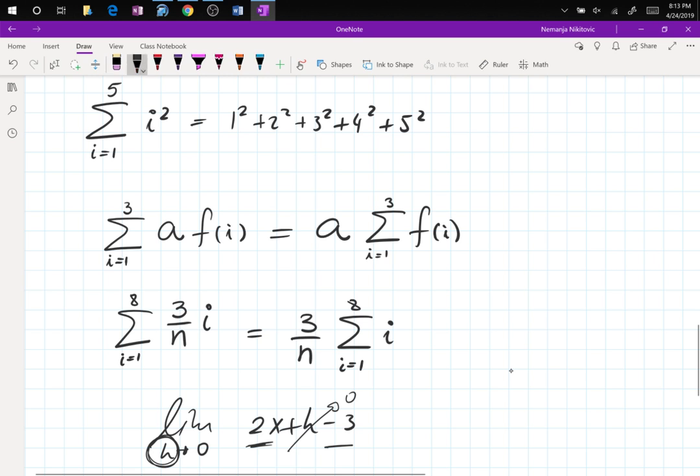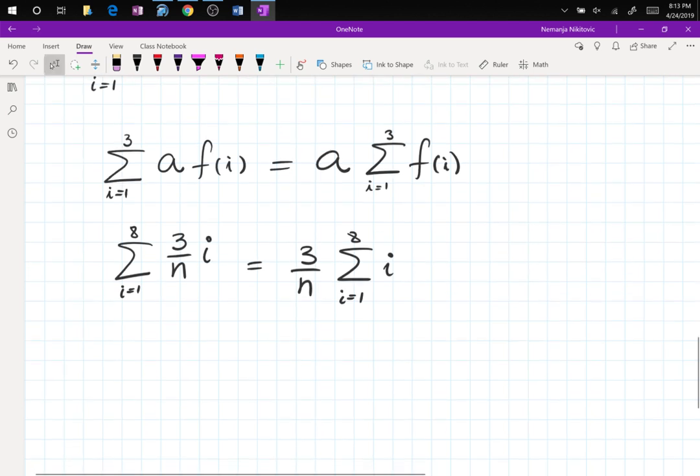So if I have multiple variables here, n and i and k and z, the only one that you cannot kick out is the one that is actually used as a counter. The rest you can kick out. So it only operates on the variable that is a counting variable for that particular sum.